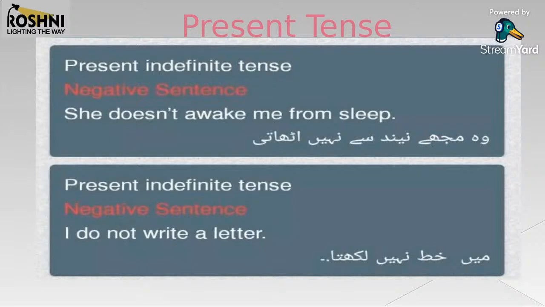Okay, that will give you a confirmation that what subject you can use and which es or s part will be appropriate, or whether you don't need to add es and s. ठीक है, यहाँ पे नहीं उठाती, नहीं लिखता, नहीं आती, नहीं जाती, यहाँ पे एंड का कोई कॉन्सेप्ट नहीं है. ओके, it is the beginning part of the sentence that tells you what is the subject. You have to identify it over here, from here.